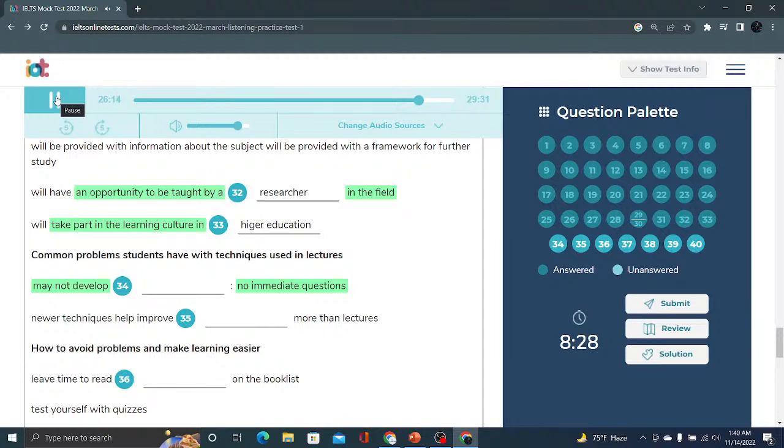That is, if you misunderstand something, there is no immediate opportunity to ask. Secondly, when newer teaching approaches are used, such as problem solving, learning outcomes are improved. However, these will still not replace the validity of listening and learning from an expert.